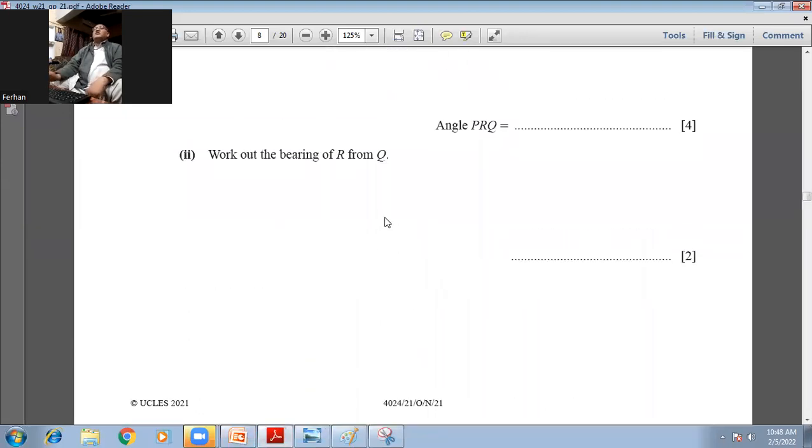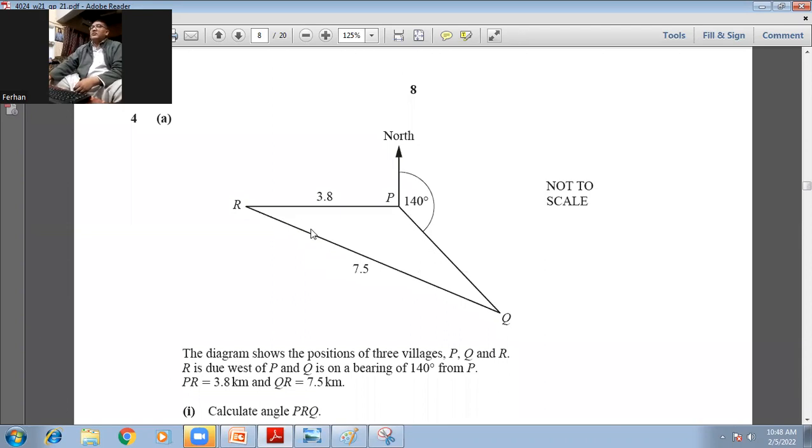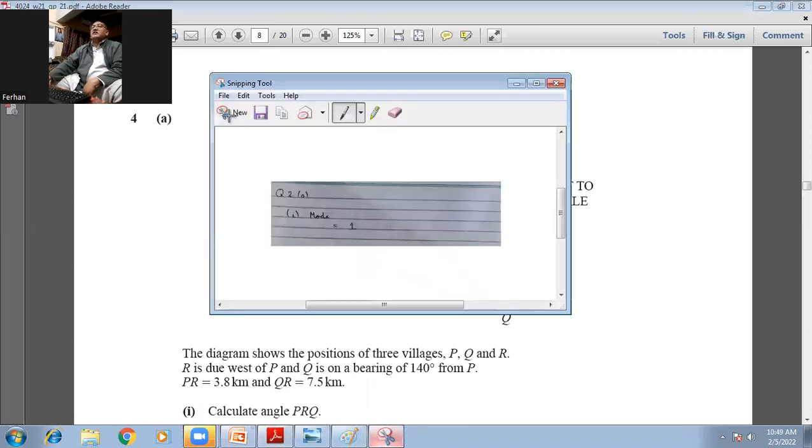He says work out the bearing of the R from Q. The bearing of the R from Q. So the strategy, we can find out the bearing of the R from the Q. Let me show you how this is done.